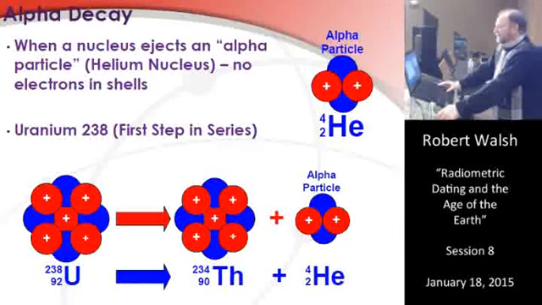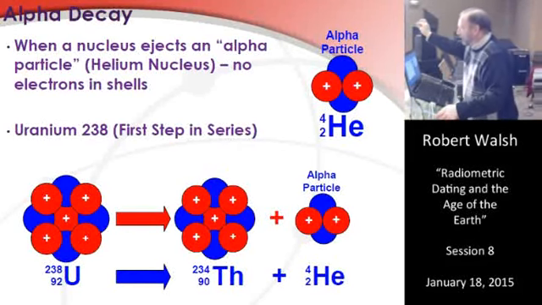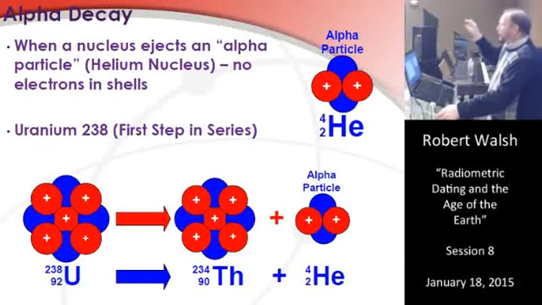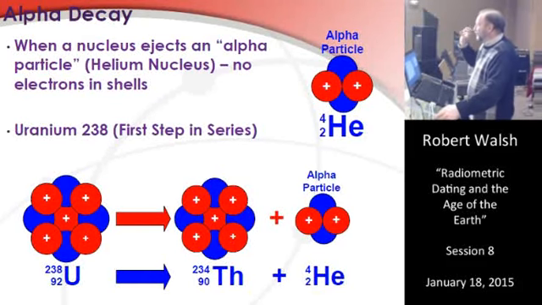Alpha decay exists when the nucleus ejects an alpha particle, and this alpha particle is nothing more than a helium nucleus, 2 protons and 2 neutrons. So these 4 particles are ejected out of the nucleus. Well, when that happens, 2 protons are being ejected out of that nucleus, which tells you that the identity of the parent atom is changing, right?